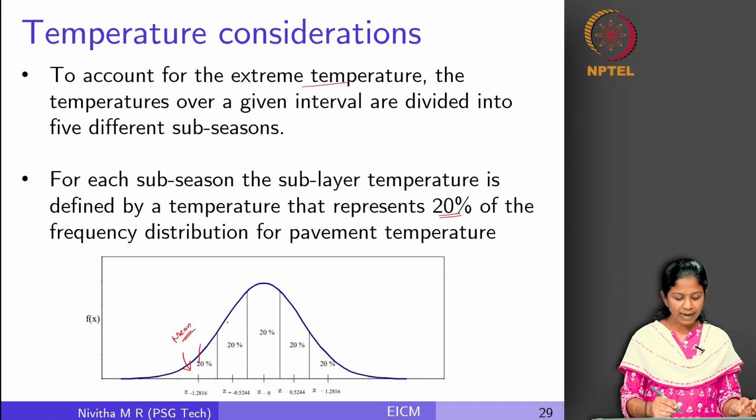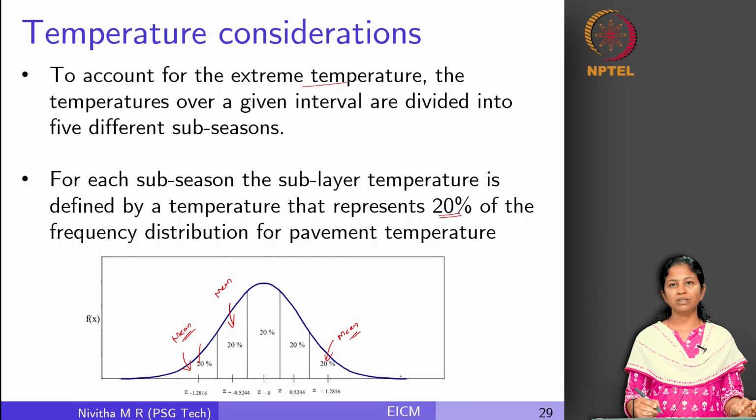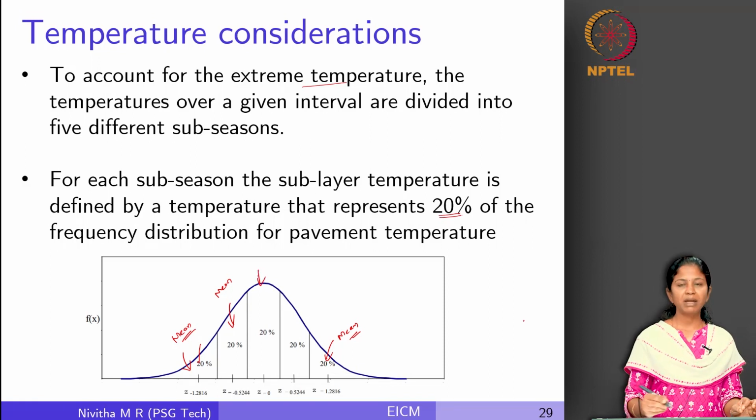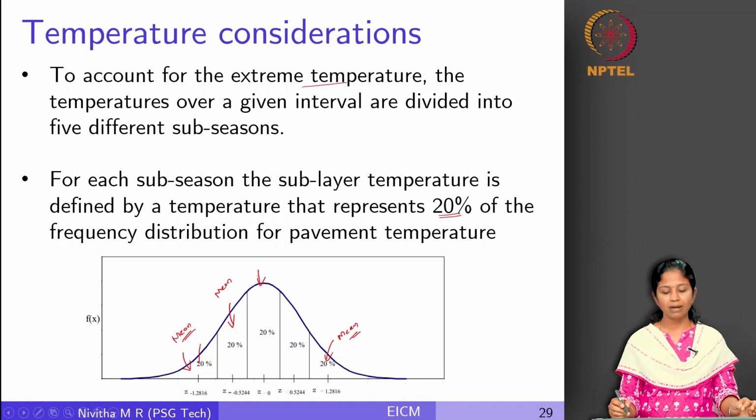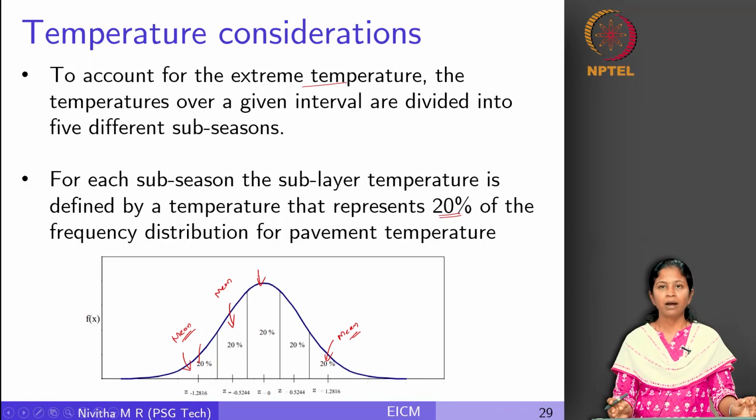Again, for the next block we use the mean value and so on. You can see here we are also taking into account the extreme values rather than using one mean value as a whole. So, this is the quintile distribution of the temperature which will be used for the analysis.